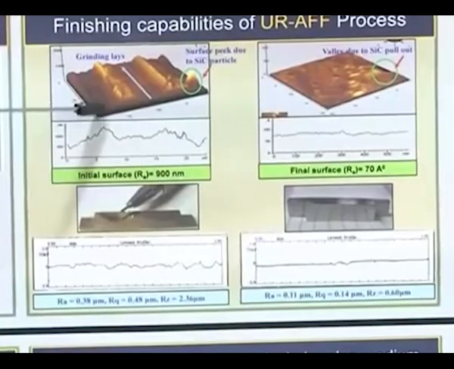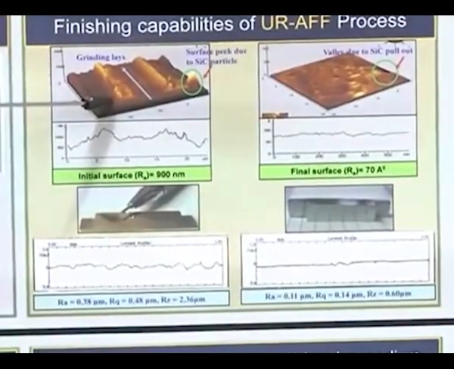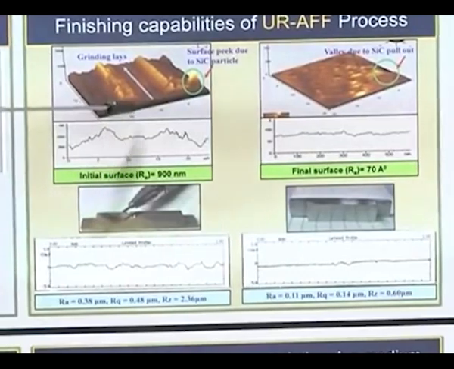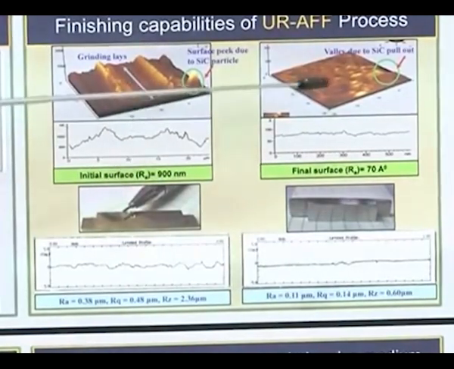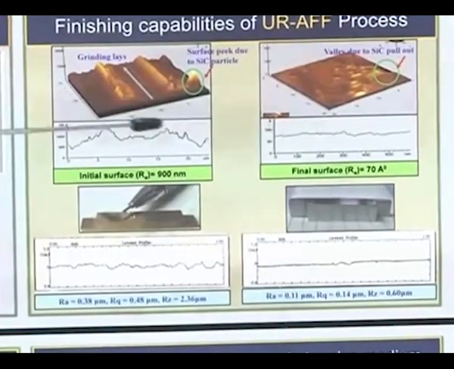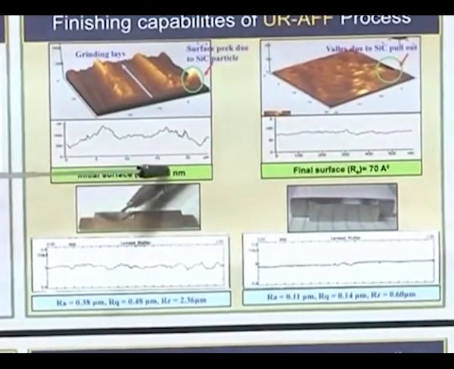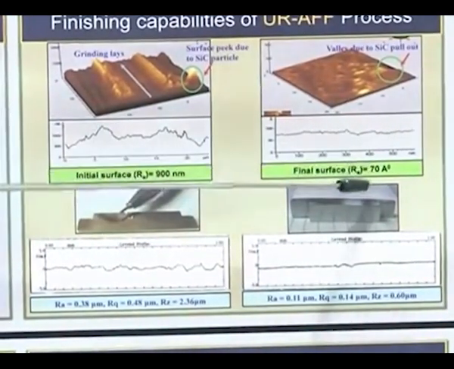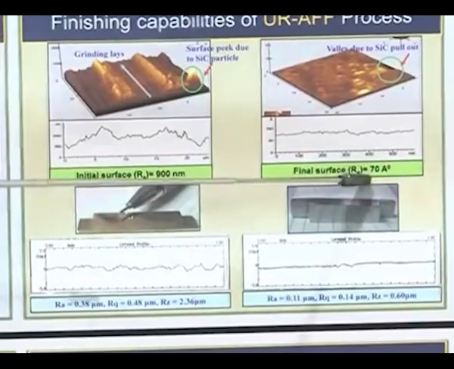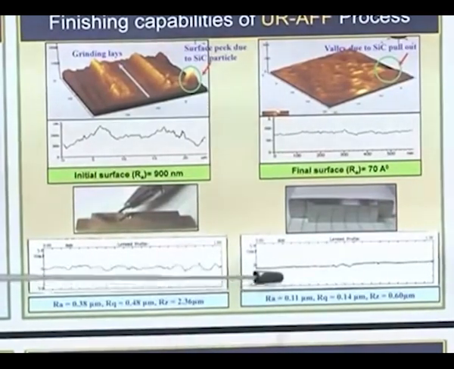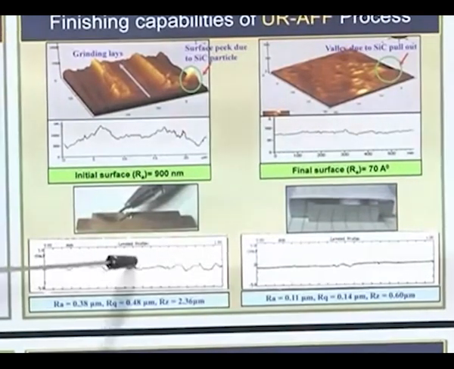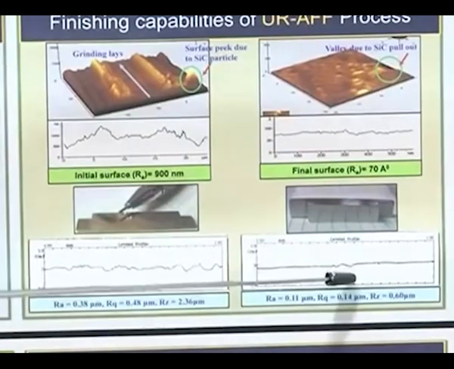Now you can see the atomic force micrographs of the initial surface as well as the final surface. The initial surface which we tried to finish is 900 nanometers, and we have finished up to 70 angstroms. You can see the profiles. This is the initial surface profile and this is the final surface profile.